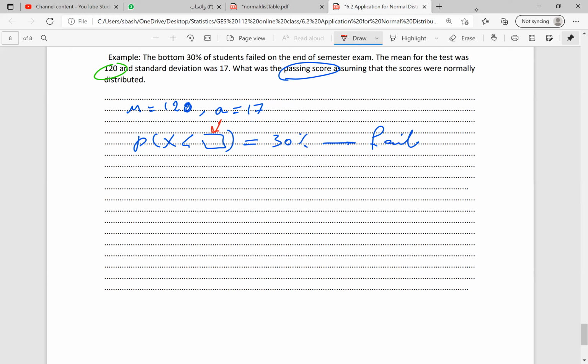Now 30% corresponding to z equal to. You have to be careful guys, we have about the left now. Or the bottom, it is just this side. So I need to find this z. Okay.